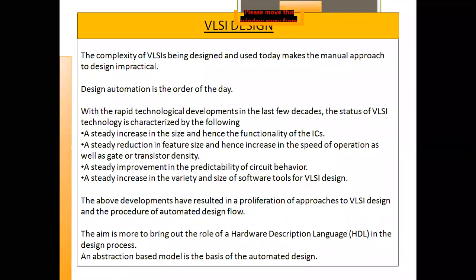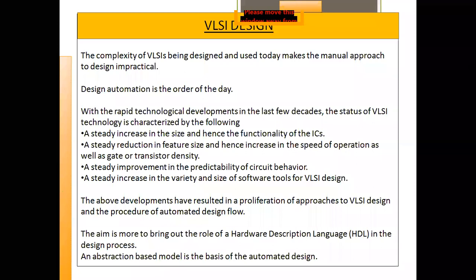Okay, there is a good improvement in the predictability of circuit behavior due to the latest VLSI technologies, and a steady increase in the variety and size of software tools for VLSI designs. We have a different variety of VLSI design software tools due to the improvement in VLSI technology.